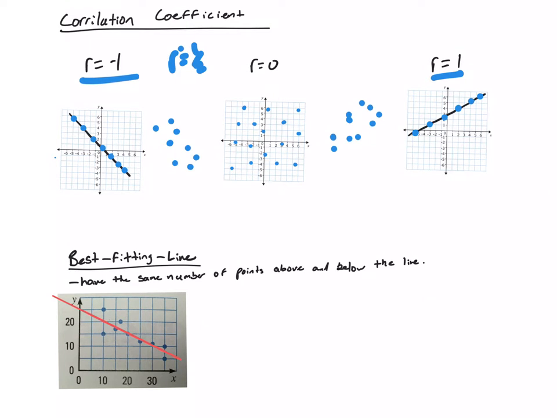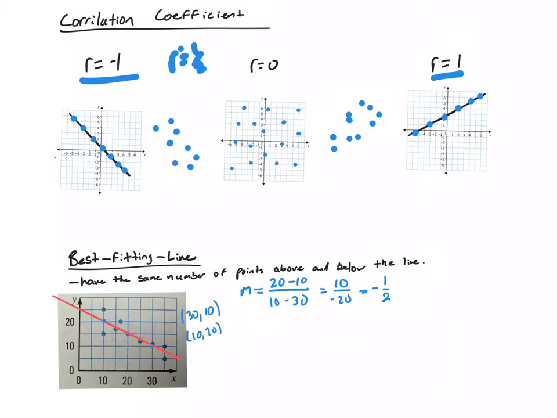If we want to find the equation of this line, I just need to pick a couple points that are on it. Maybe I want to pick this point right here, where x is 30 and y is 10. And then another point, maybe this one here, where x is 10 and y is 20. Then I can find the slope, y2 minus y1 over x2 minus x1: 20 minus 10 over 10 minus 30 gives me 10 over -20, or -1/2.